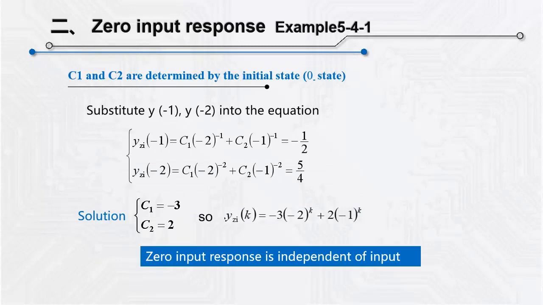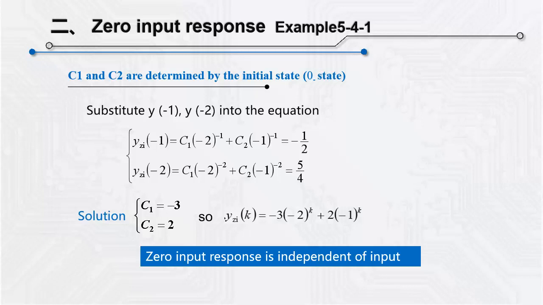So, what do y(-1) and y(-2) have to do with the undetermined coefficients of the zero input solution? y(-1) and y(-2) have two parts: the zero state response part and the zero input response part.